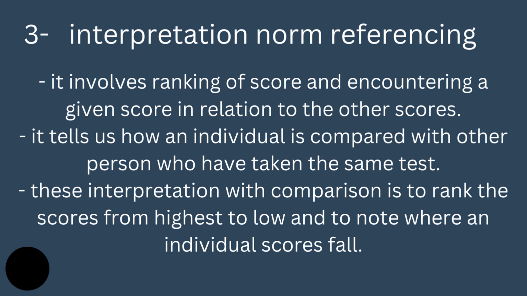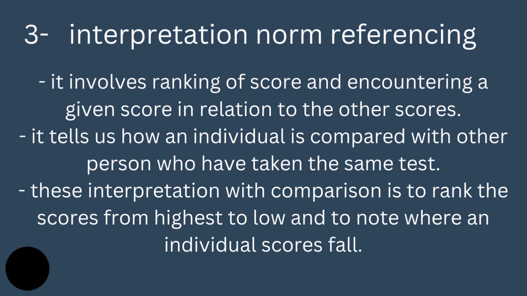Interpretation by norm referencing involves ranking of scores and locating a given score in relation to the other scores. Here is the relation of the score of one individual to another individual. It tells us how an individual is compared with other people who have taken the same test.